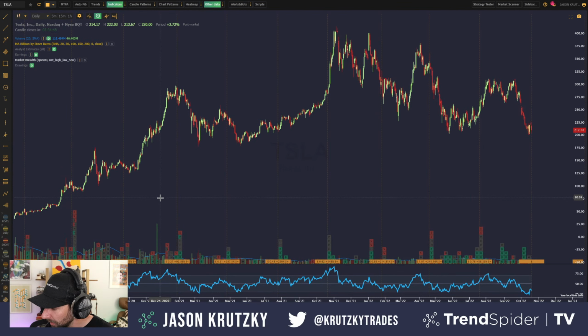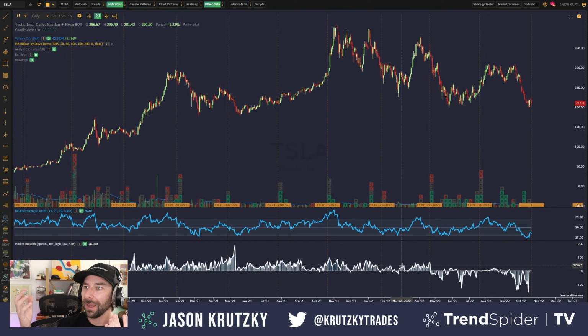Why wouldn't everybody be wanting to know that? Well, one really decent indicator for making that determination is: is the amount of net lows increasing? Is the amount of net highs increasing? And are there more net highs or net lows? We could see that instantly with this market breadth indicator.